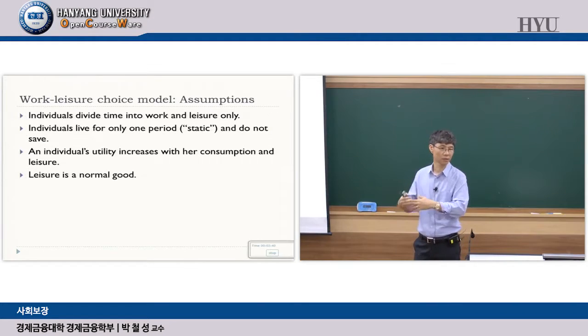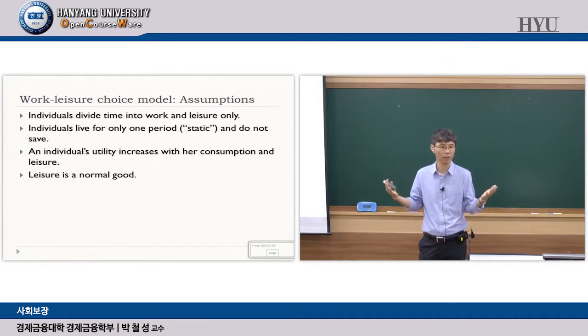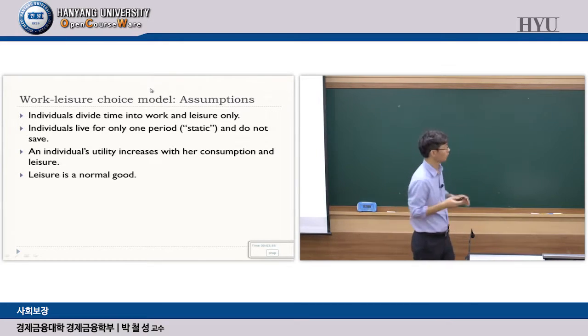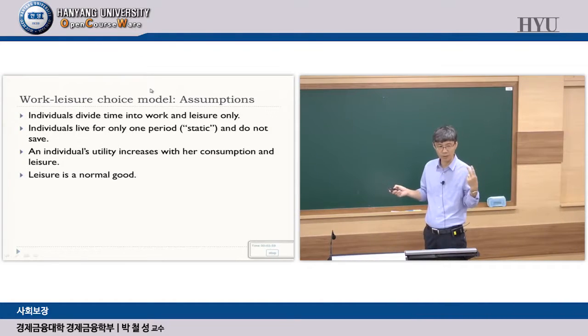So this person goes out to work for, let's say, 8 hours, and for those 8 hours this person earns money. That's work. For leisure time, this person can do anything, but it doesn't give this person money. Then we call it leisure, whatever it is. So that's the starting point: this person has only two uses of time, work and leisure.